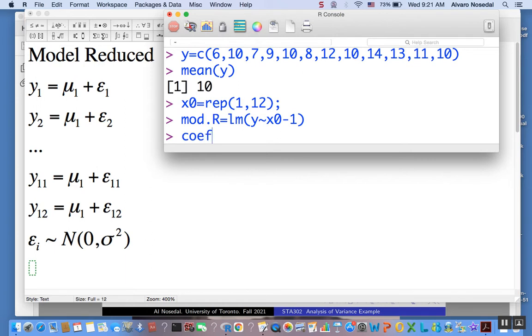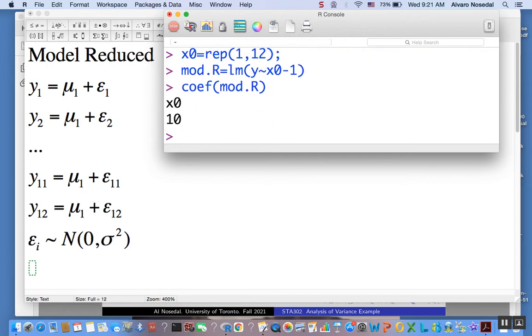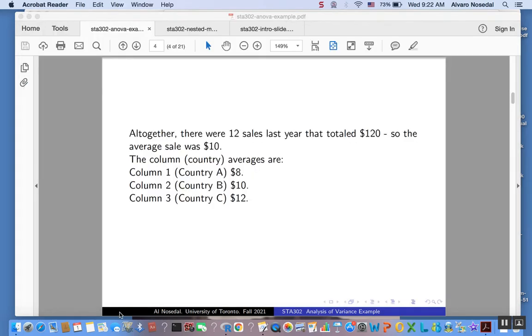Let's find the coefficient because it's just 1. Guess what? It's 10. It matches. So the sample mean in this case is the least squares estimator. It matches with the intuition.